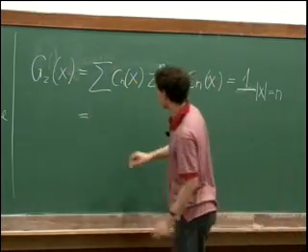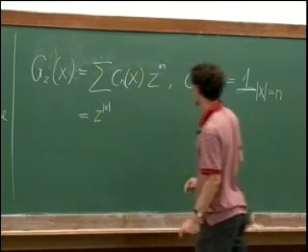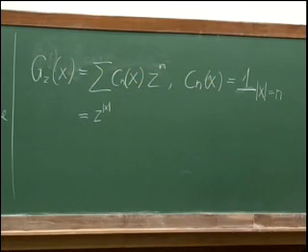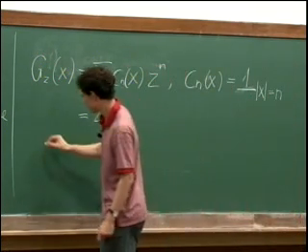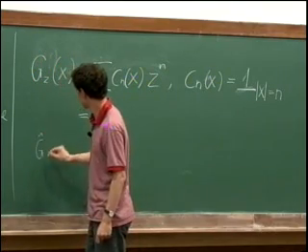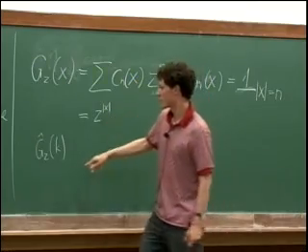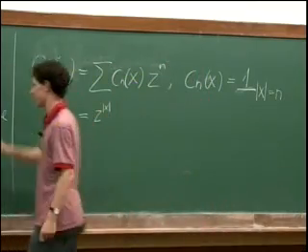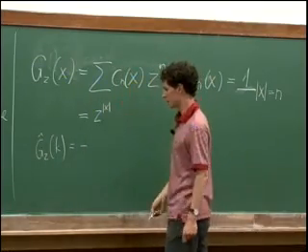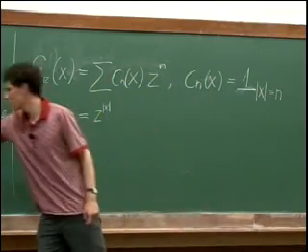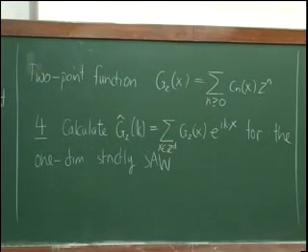So plugging this in, we obtain g_z of x. Taking the sum over all x, weighted by e to the ikx, this will be a sum over x, which is all integers. We can split it into a sum over positive integers and over negative integers.